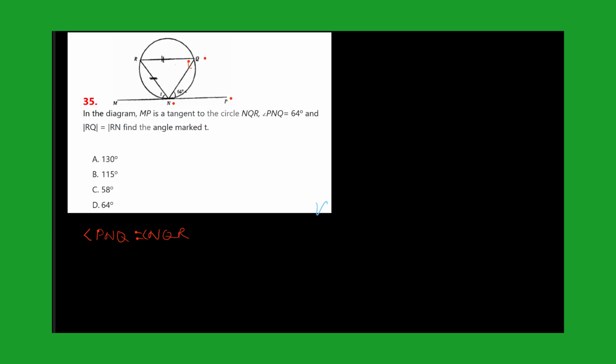The reason is that both angles are alternate, so they are called alternate angles.